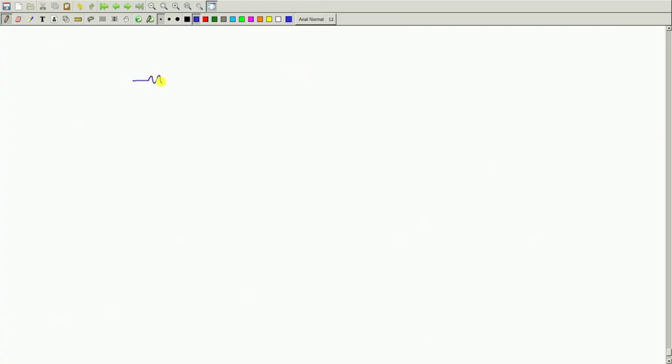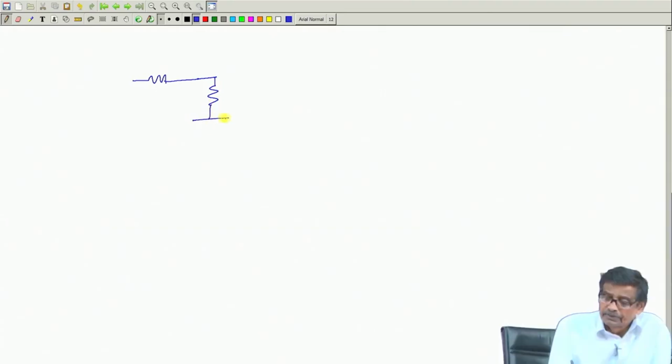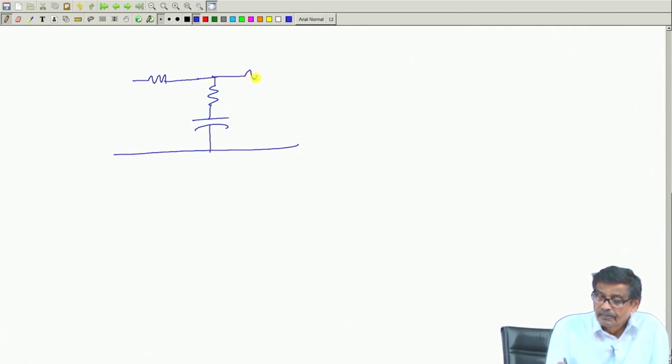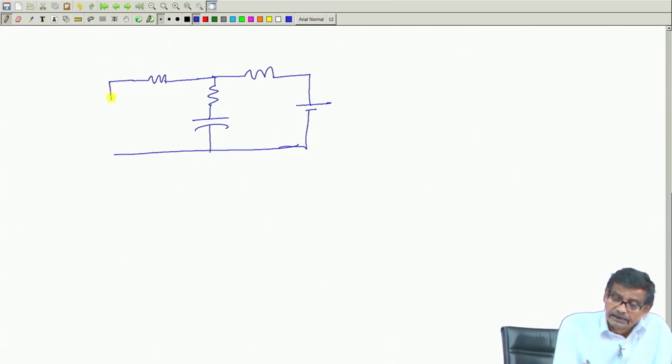loop equations, I will just tell like this. Suppose you have a capacitor, I will just give one example. And here is a voltage source, which is suppose time varying VS(t).